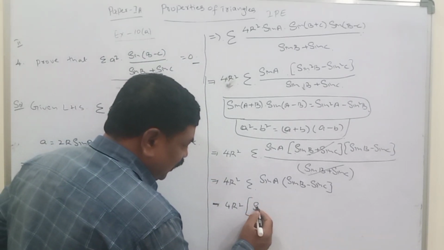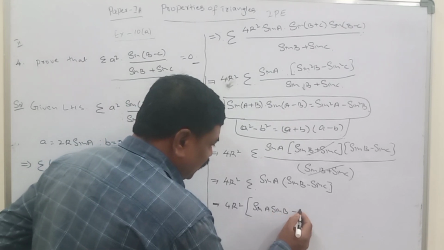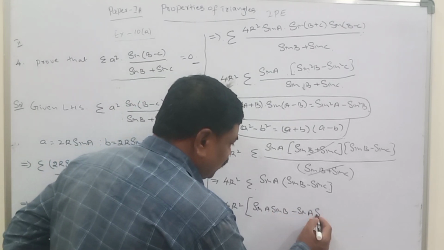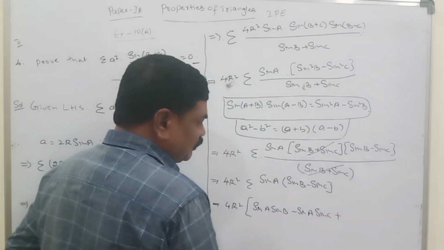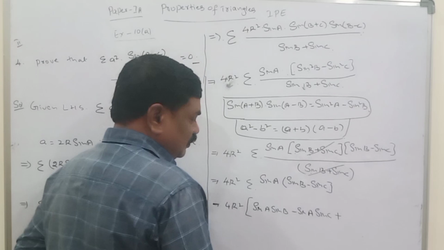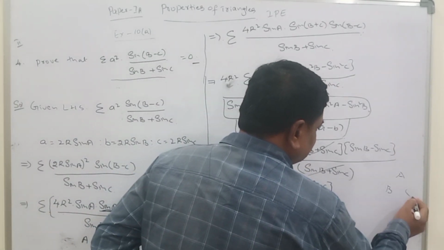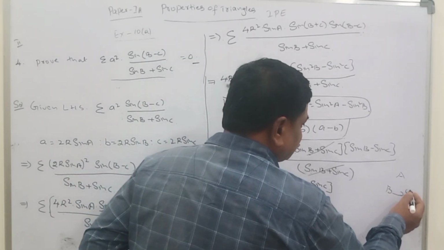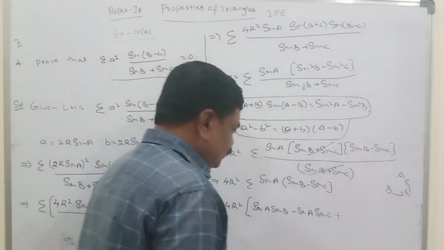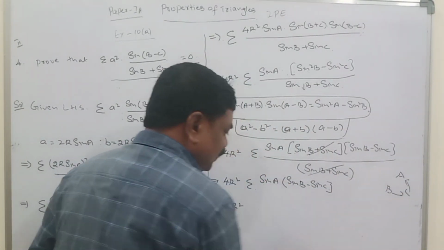It can be written as sin A sin B minus sin A sin C, plus the next terms cyclically: B minus C, next C minus A. One more step is there.